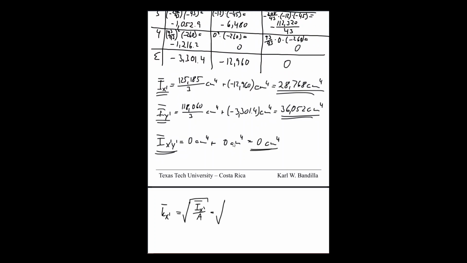Kx prime bar is equal to Ix prime bar over A. Ix prime bar is that big number there, so 28,768 centimeters to the fourth divided by, where did we have our A?